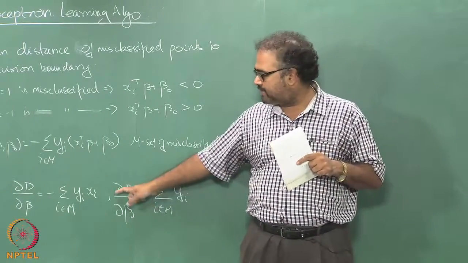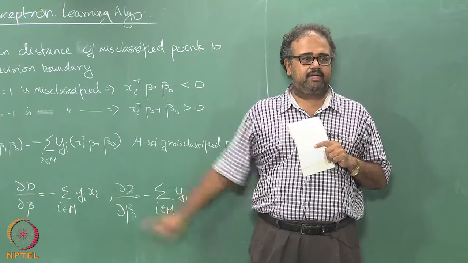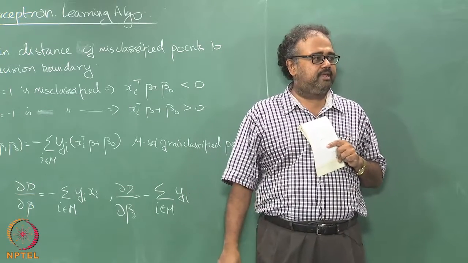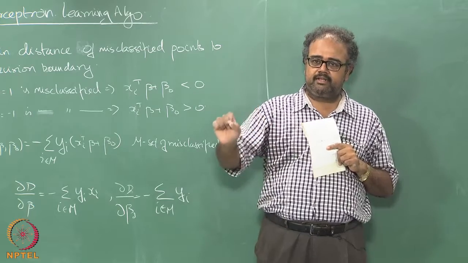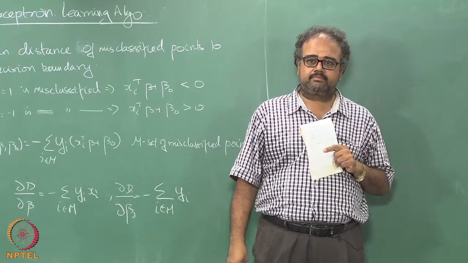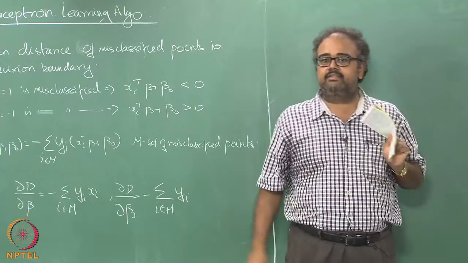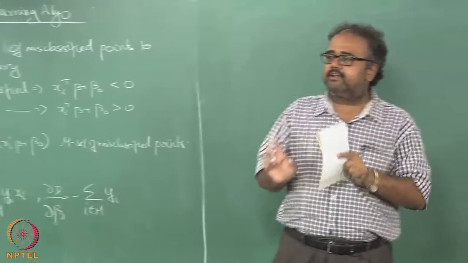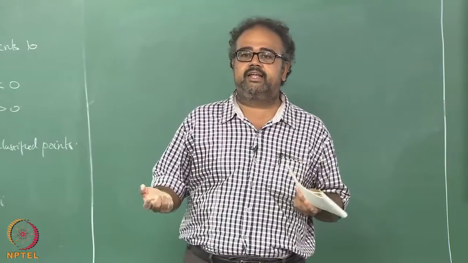As soon as I move my beta in some direction, what will happen in the perceptron case? If I move my beta in the direction of the gradient, the set M changes. So immediately my definition of gradient changes.